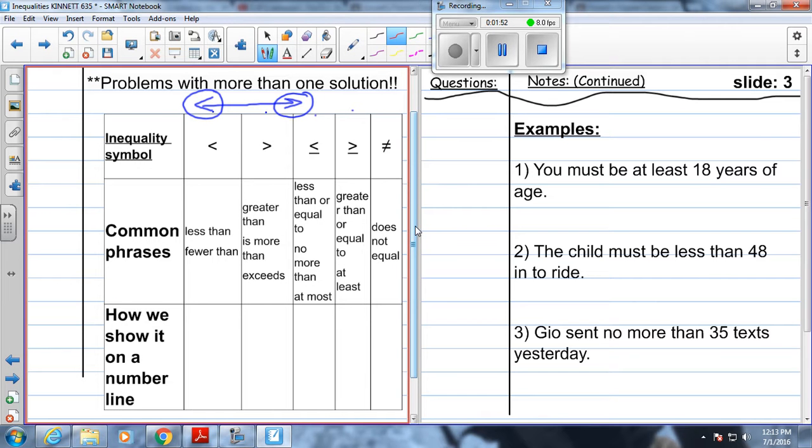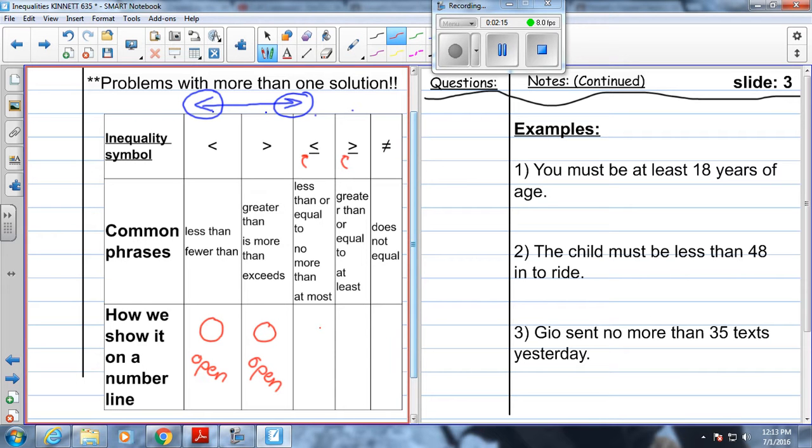And we're going to learn that less than and greater than without that line underneath it uses a circle that is, we're going to call the verbiage, open. So when we draw it on a number line, we're going to put open circles when it's this case. And if it has this little line below it here, that's half an equal sign. That's why it has that or equal to part.